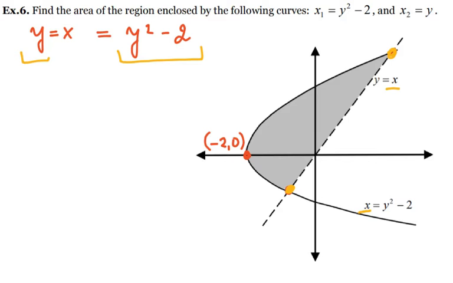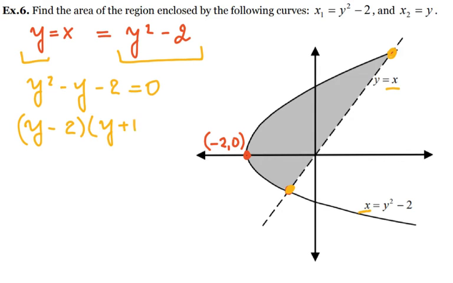those two graphs intersect. We'll have a quadratic equation, and if we factor the trinomial we get y minus 2 and y plus 1 equals 0, and we get two solutions. y is equal to 2, this is where the graph intersects the first time, and y is equal to -1, this is where the graph intersects the second time.